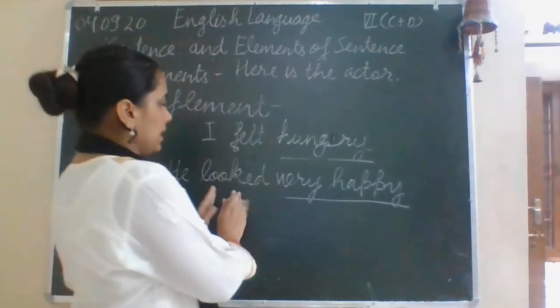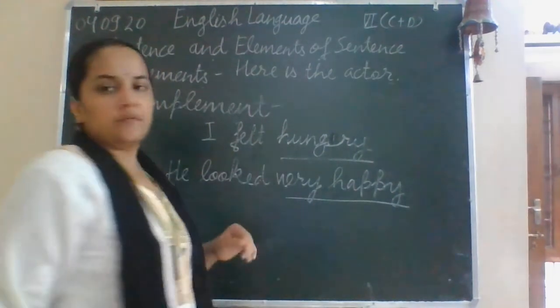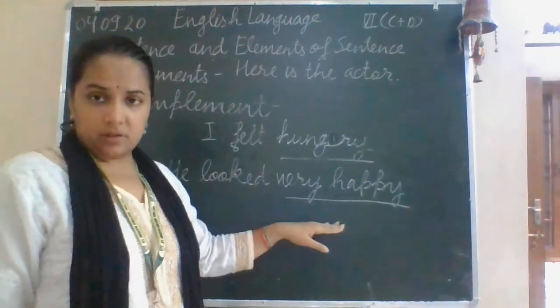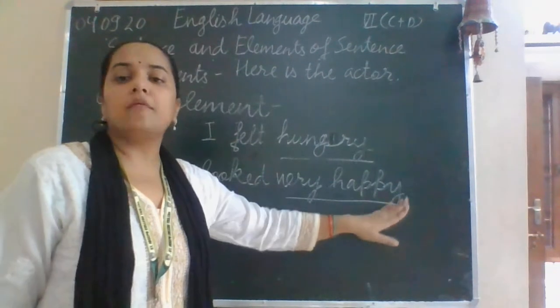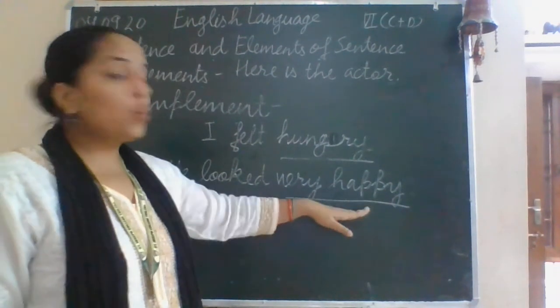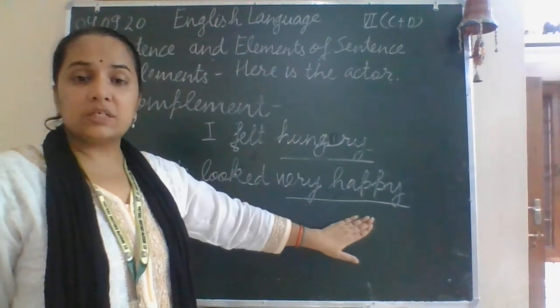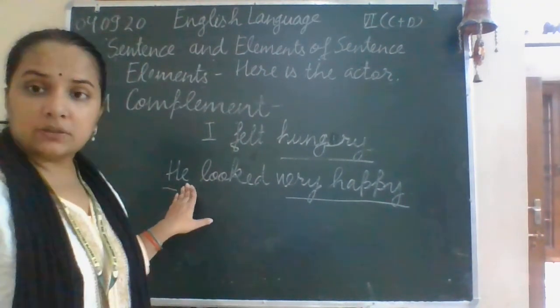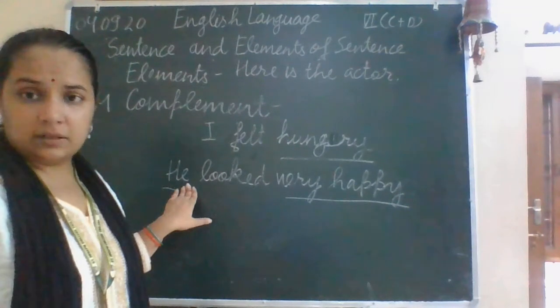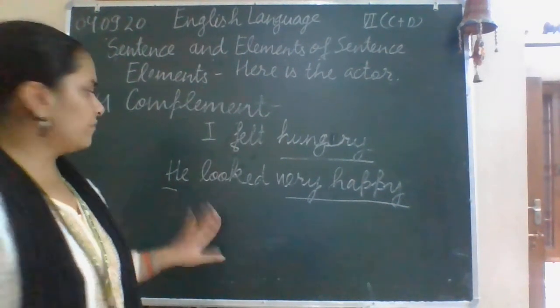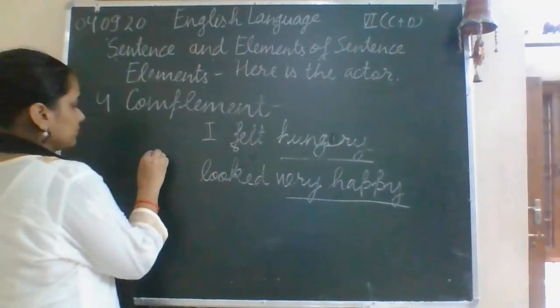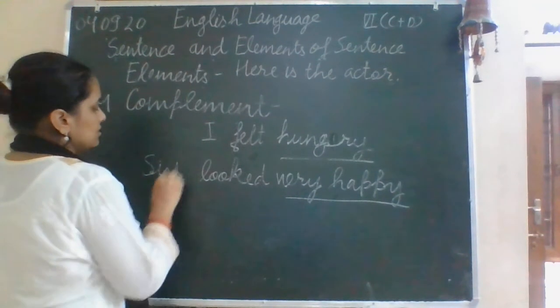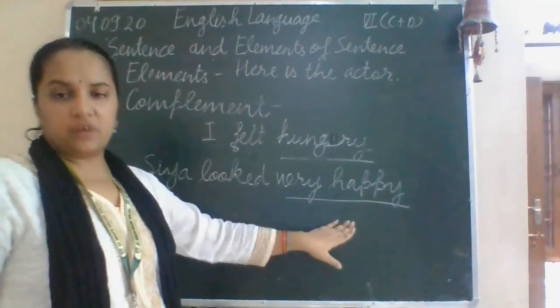Why? It is written after the verb. Looked is the verb, and very happy is written after the verb. And who is very happy? About whom is this very happy talking? It is talking about the subject, the pronoun that is written here. You can also write the name of someone here. Sia looked very happy.